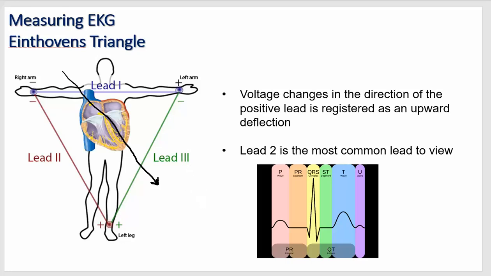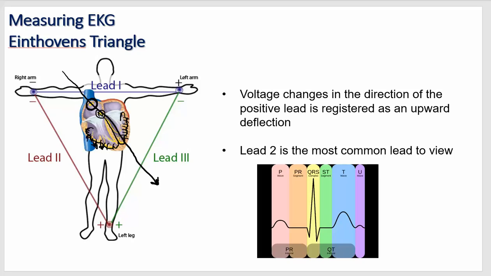Now, I drew that arrow through the middle because things start at the SA node, really. Then they move down to the AV node, which is here, and then they move through the ventricles. So the ventricles give us a deflection. In general, when these are firing, they're firing in this direction, so they're still pushing toward the positive electrode.